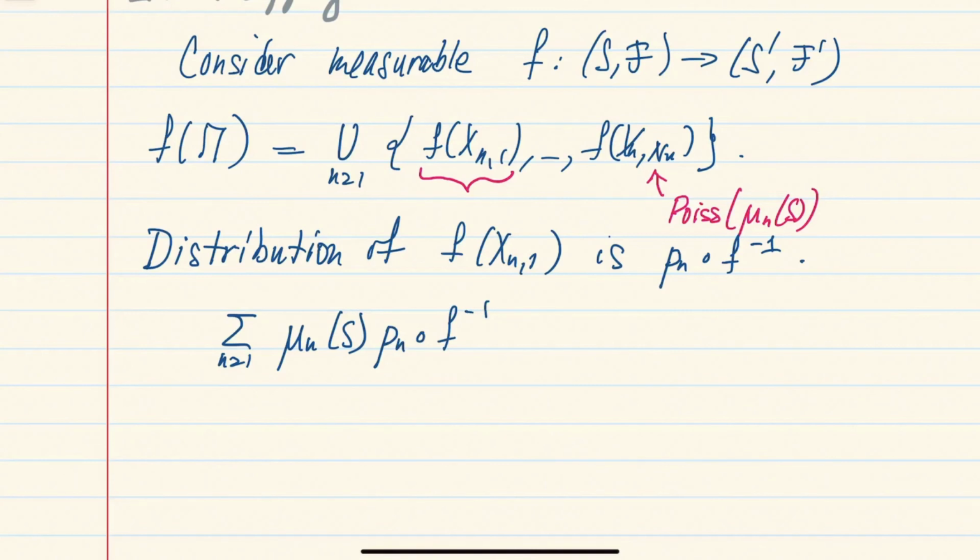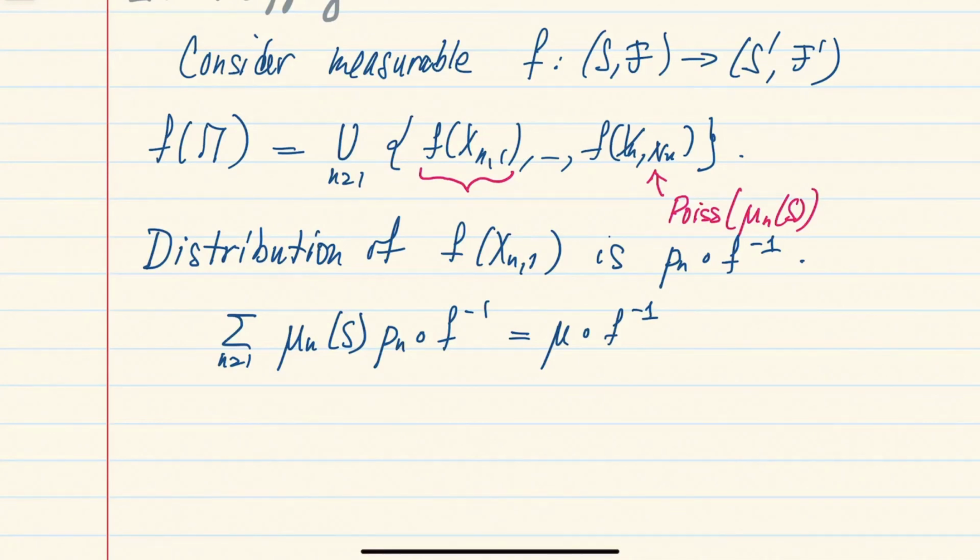So if there was no f, this sum would just give us mu, but now it gives us the image of mu under this map. And the only requirement that we need is that this is non-atomic. If this measure is non-atomic, then each component in this sum would be non-atomic, and as a result, this would be also a definition of a Poisson process for this particular specific representation.